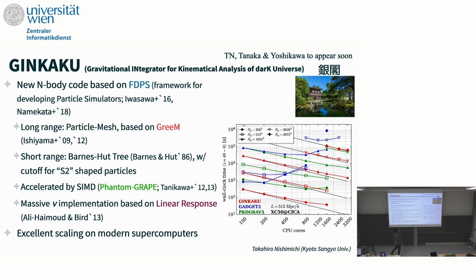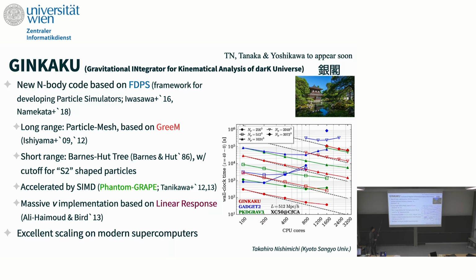One thing is that we implemented a new N-body simulation code called Ginkaku, named after the temple near Kyoto University. This is a TreePM code. On large scales, we largely follow the Green Ishiyama implementation.